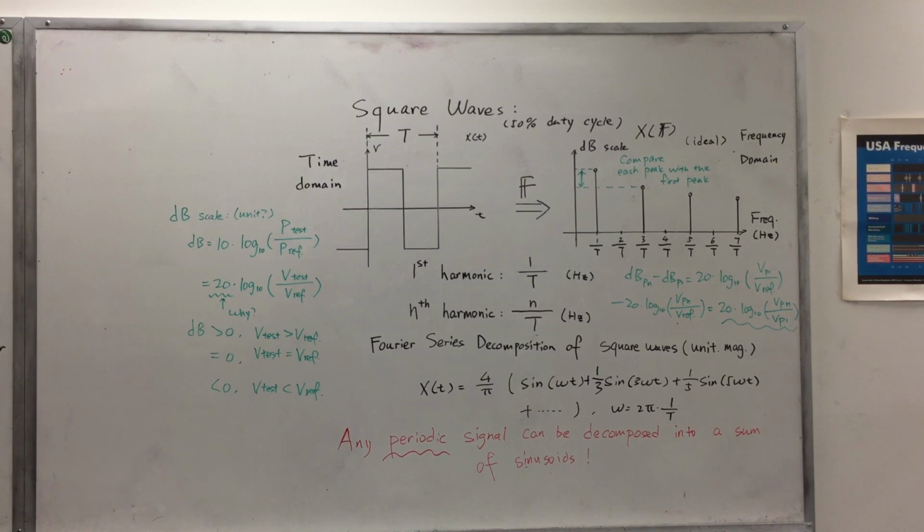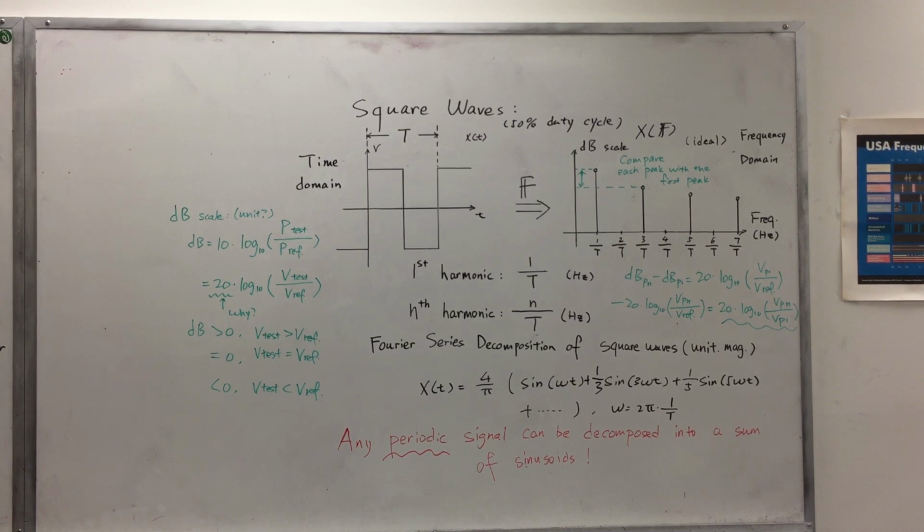In our last experiment, we're gonna analyze the spectrum of a square wave by comparing the magnitude of each subsequent peak with the first peak at the first harmonic in the spectrum.